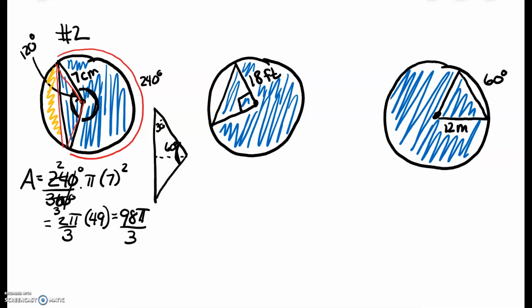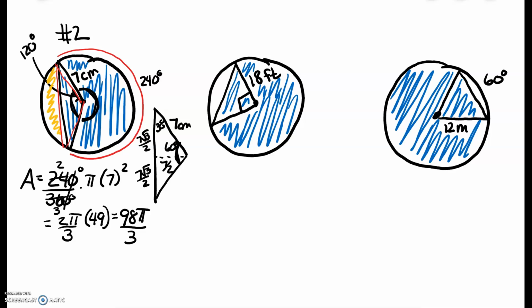So this will be a 30, 60, 90 triangle with a radius of 7 centimeters. So I know to go from my hypotenuse to my short leg, I divide it by 2. And then to go from my short leg to my long leg, I multiply by radical 3. So I can figure out the height and the base of my triangle.